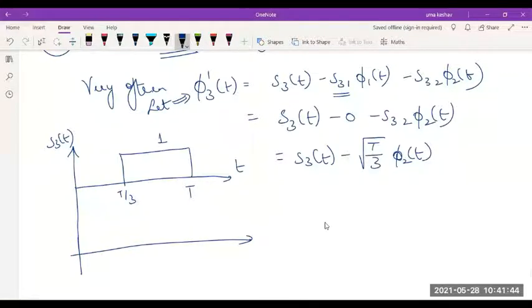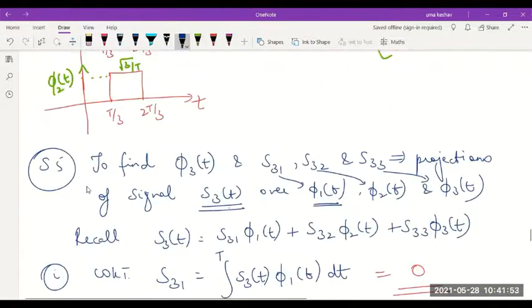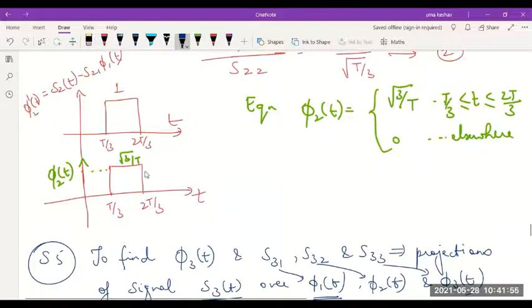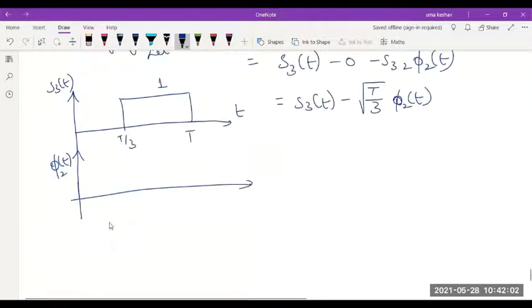into phi 2. What was phi 2? Let me write phi 2. Where is phi 2? Yeah. Phi 2 is between t by 3 to 2t by 3. Its value is root 3 by 2. This is phi 2.